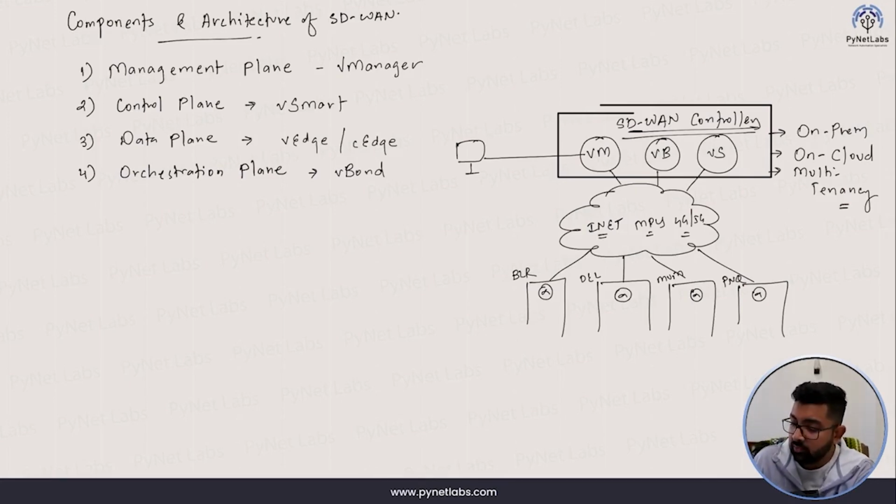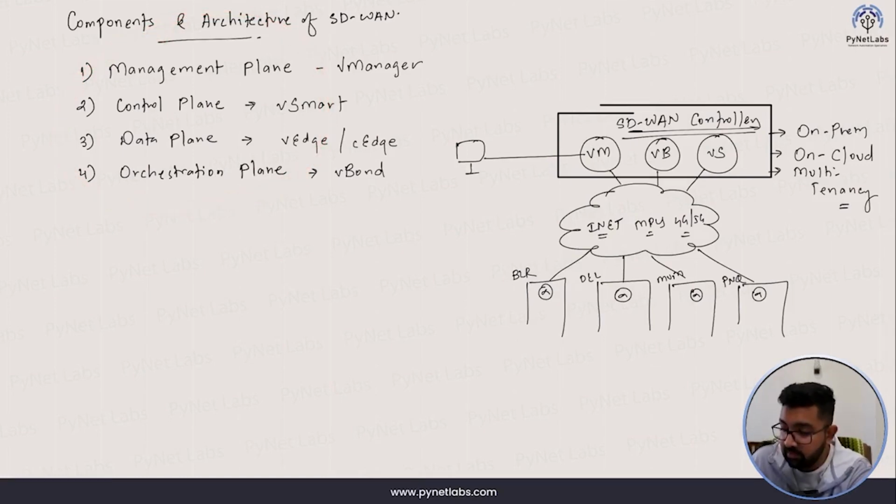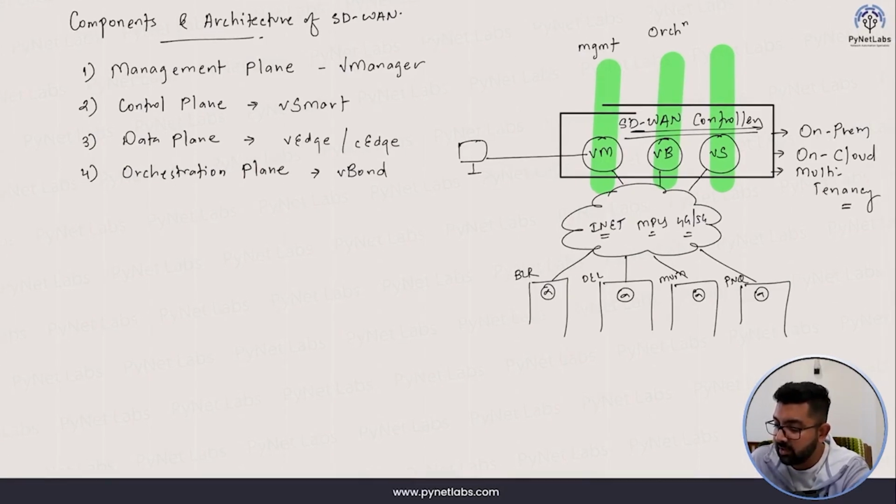So that's how the common architecture looks like. All of your WAN edge devices are going to be in control of these controllers, although the planes are distributed across them. When we speak about the vManager, the vBond and the vSmart, the vManager takes care of the management plane, the vBond takes care of the orchestration plane, and the vSmart takes care of the control plane.